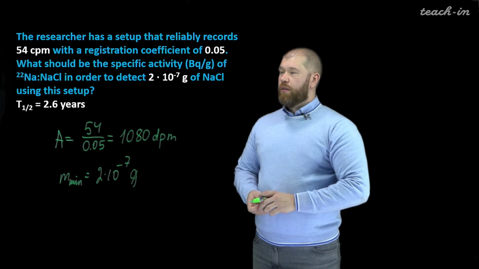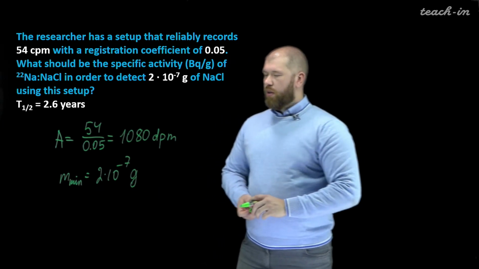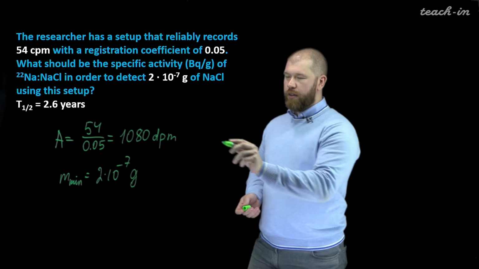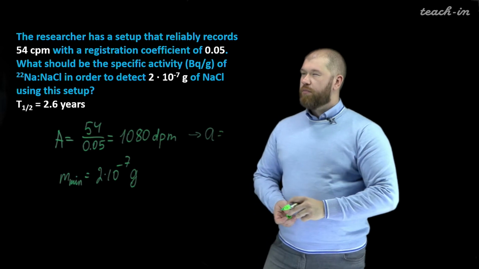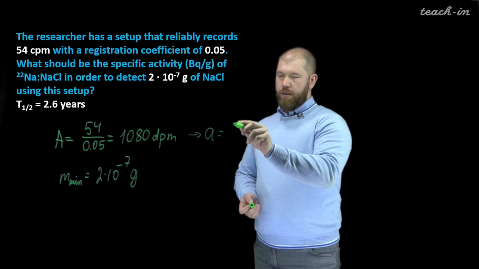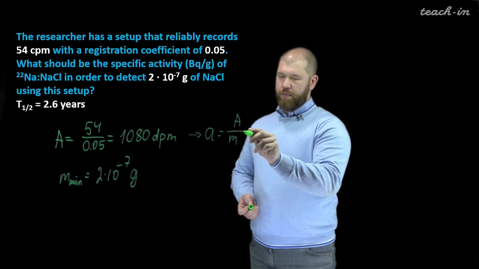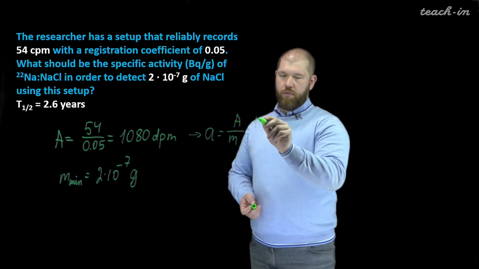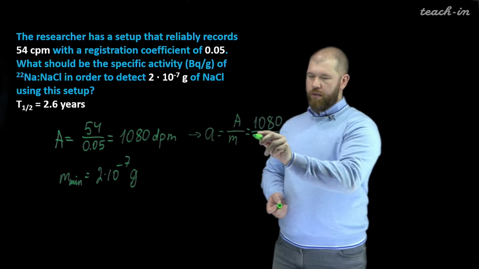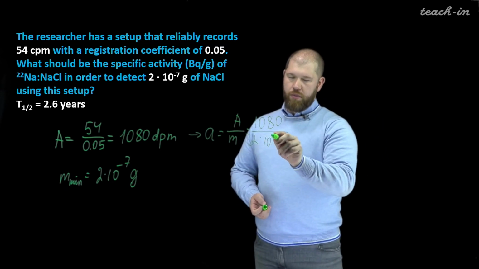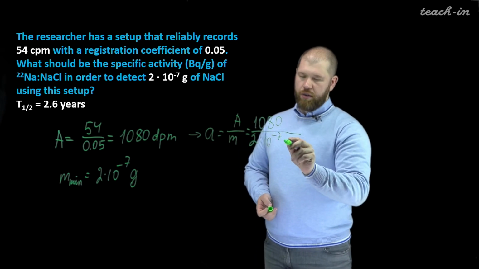And thus we can calculate directly the specific activity as activity divided by this mass. It will be 1080 divided by 10 to minus 7 gram.